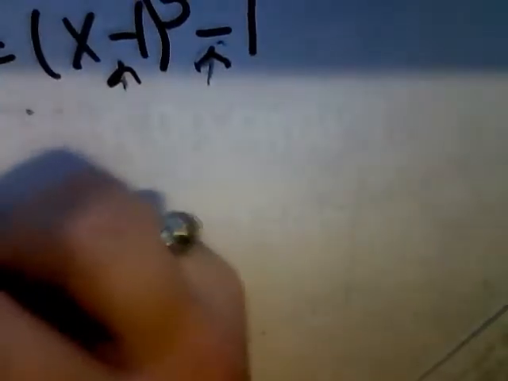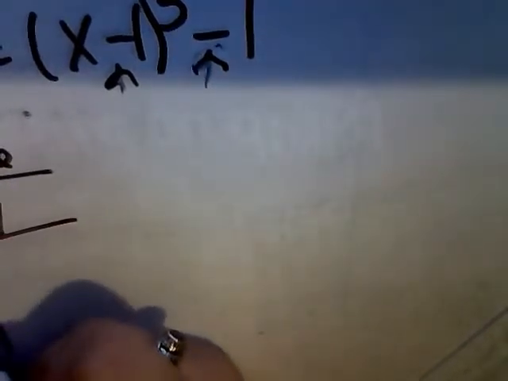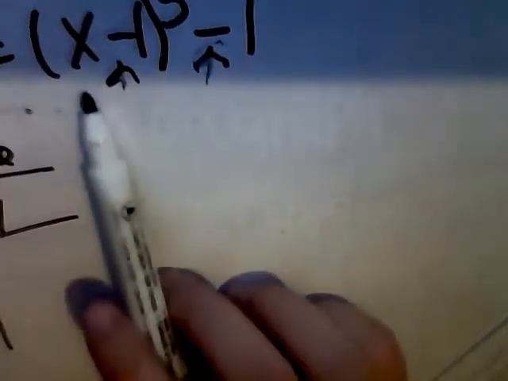So I'm going to make a table. So we have the x's and the y's. Let's do 3, 2, 1, 0. So if we plug a 3 into x minus 1 to the 5th power minus 1, you're going to get 31.